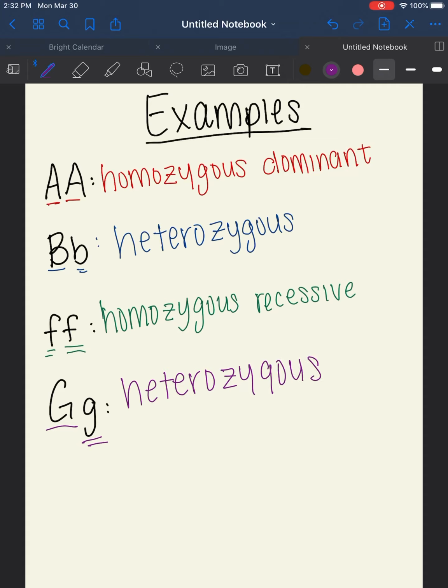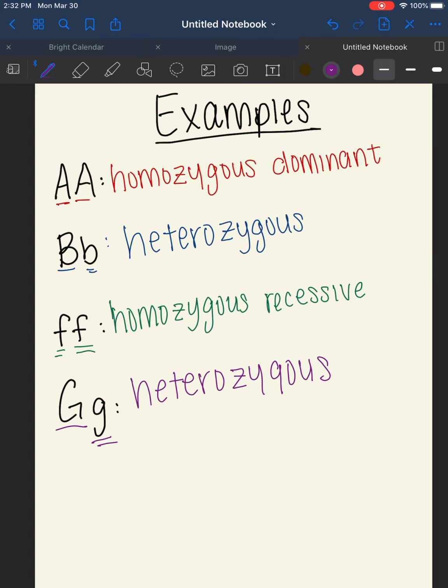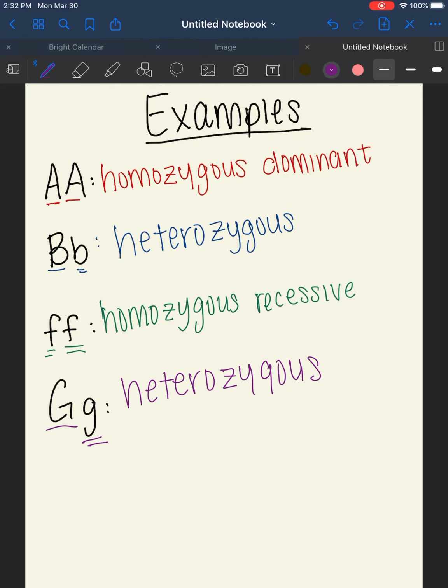Okay, my handwriting's a little wonky. All right, but that is it for this lecture. Again, I only wanted to cover the basics of genetics. We're going to be covering that for the rest of the week, but I just wanted to introduce you to reading the genotypes, okay? So again, 2 letters together. These 2 letters make up your genotype, okay? And they are a special code that tell you how you look.